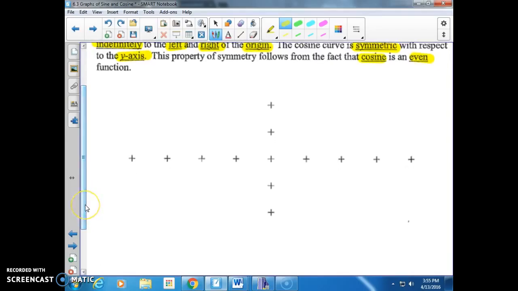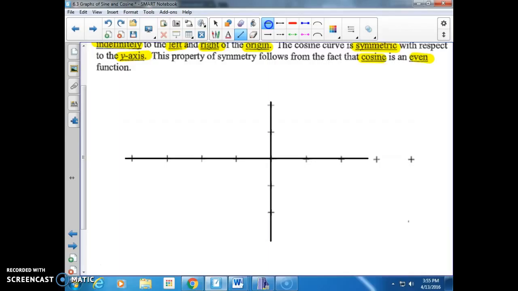So we're going to do the same thing that we did. We're going to connect these so that we get our y-axis and then our x-axis. Okay, we're going to label them the same way as well. So we have pi over 2 here. If you want to cut this in half, it'd be pi over 4.